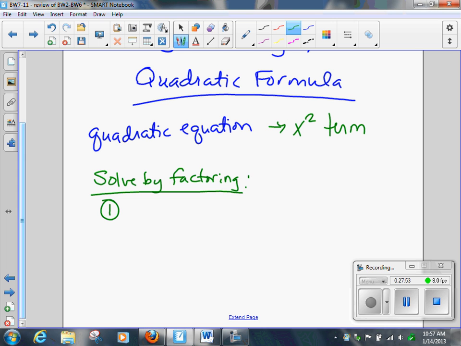first thing you got to remember about these equations, it's got to be set equal to who? 0. Set the equation equal to 0. You do whatever you have to do to set that equal to 0. Write this down. It's important. Second thing, you got to factor.